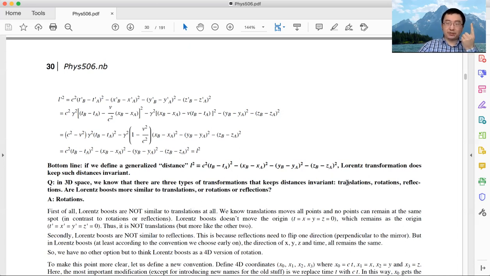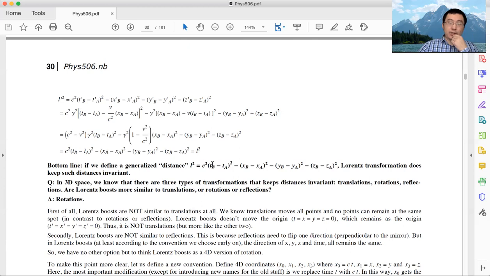First one is translation. Under translation, distance remains the same. Secondly is rotation. We can rotate our axes, and distance remains the same. And the third one is reflection. So in 3D, if we want to do a linear transformation to our coordinates and keep distance invariant, only these three guarantee that distance remains the same.